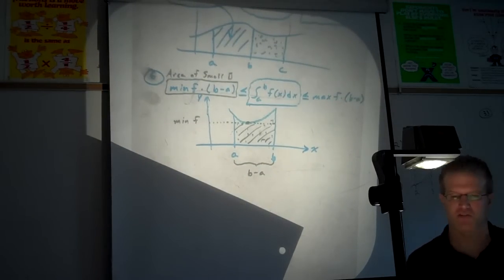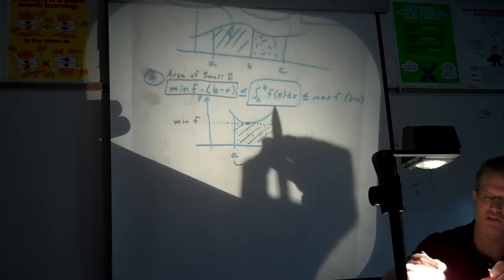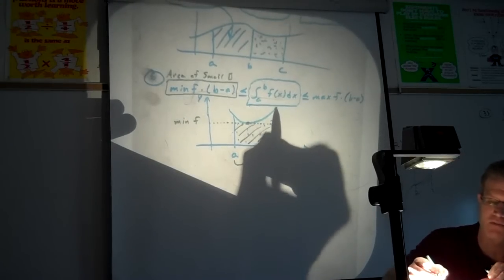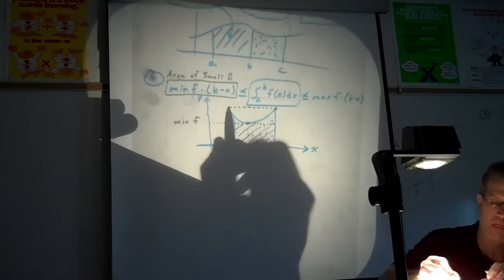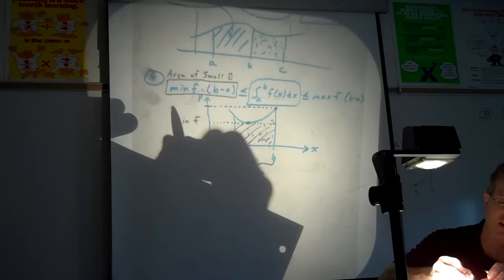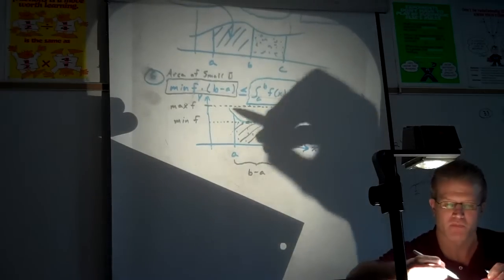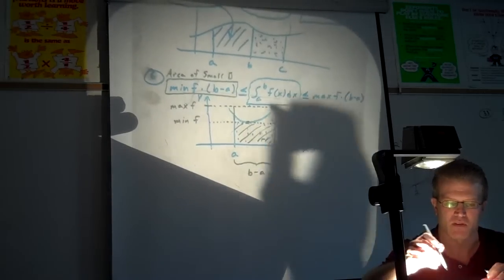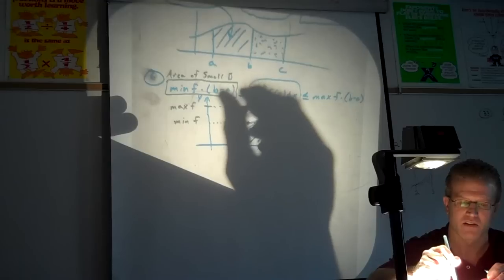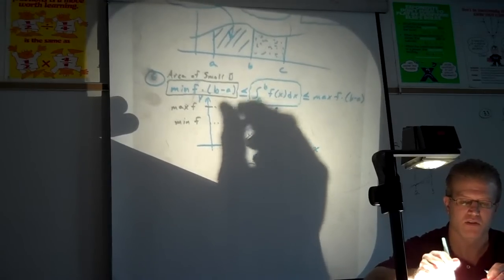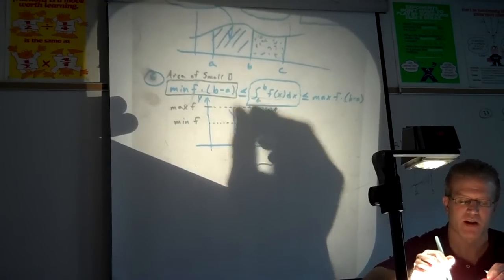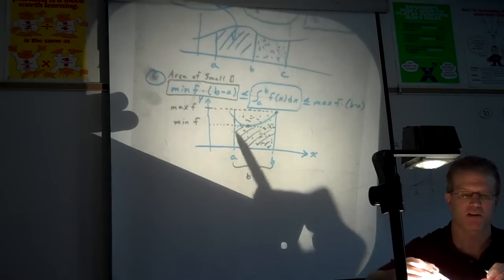The max of f. Well, the max of f looks like it would be about right here at the right endpoint. That would be the max of f. So now look at this big rectangle, this entire big rectangle here. How would you find the area of that big rectangle?